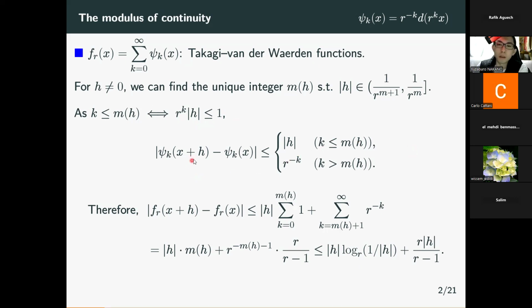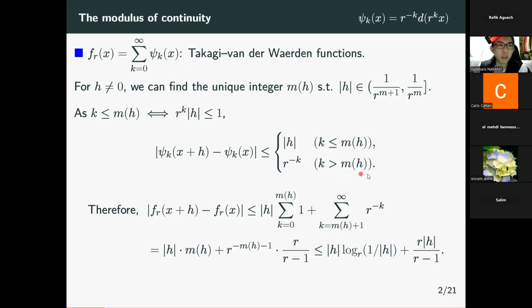Therefore, by the Lipschitz continuity of psi_k, we can evaluate the increments of psi_k as follows: if k is less than m(h), the increment is less than the absolute value of h.